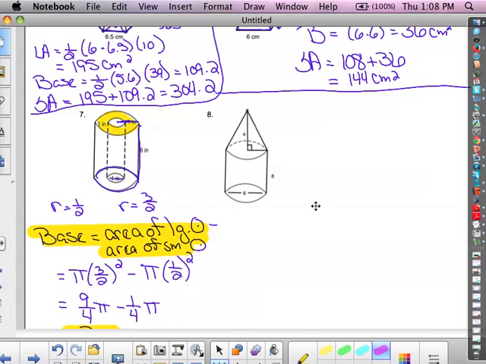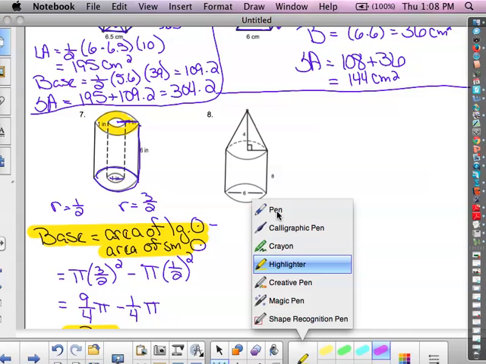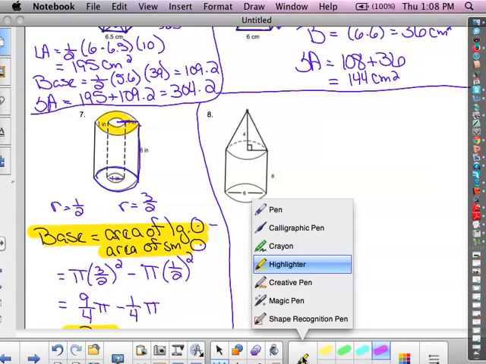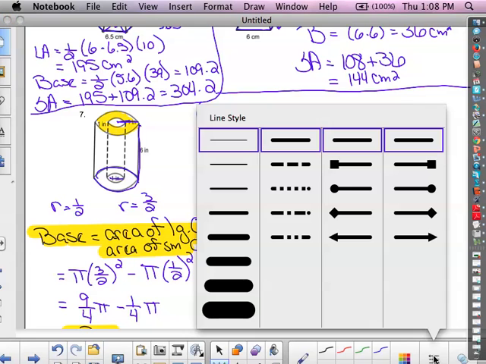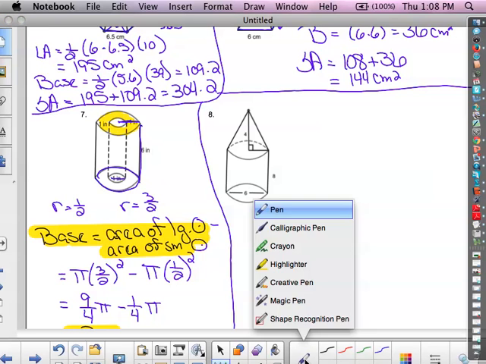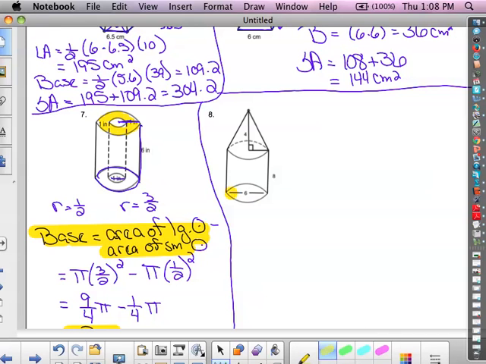Okay, number 8 and the last one. I have a composite shape, and that is made up of a cylinder and a cone. So again, think about the parts that constitute the surface area. You have a base that constitutes surface area.